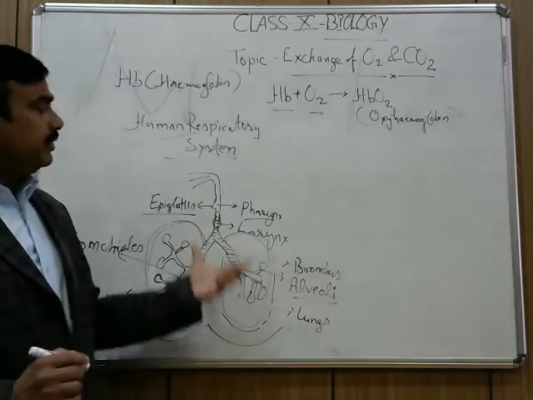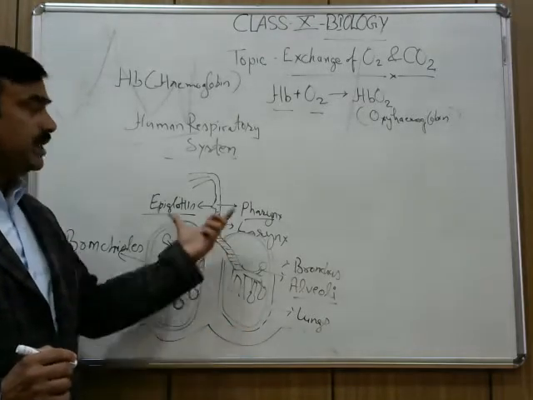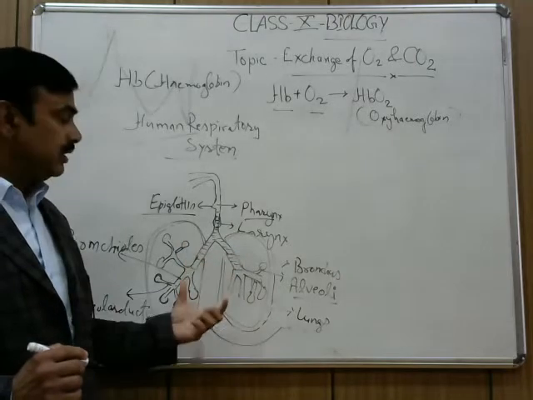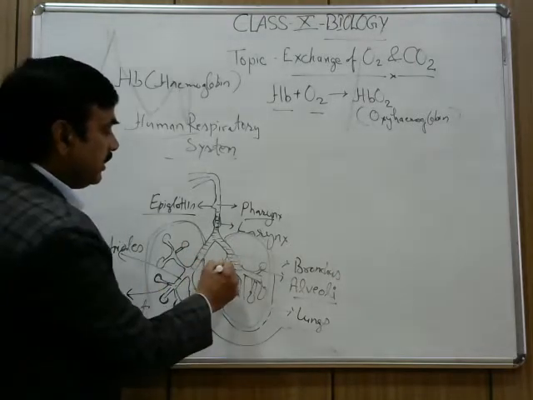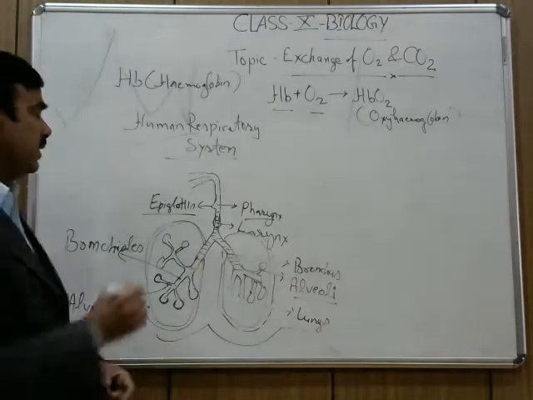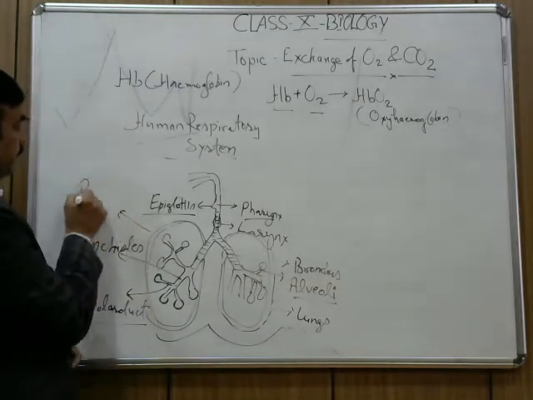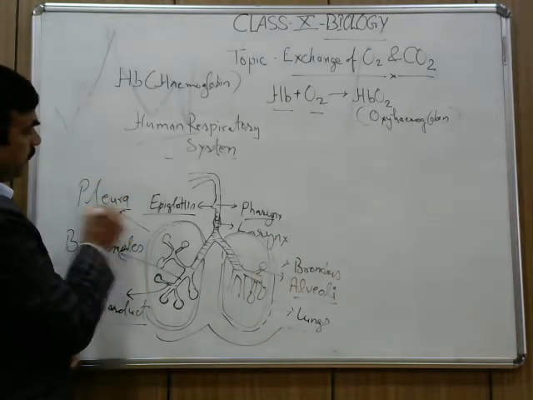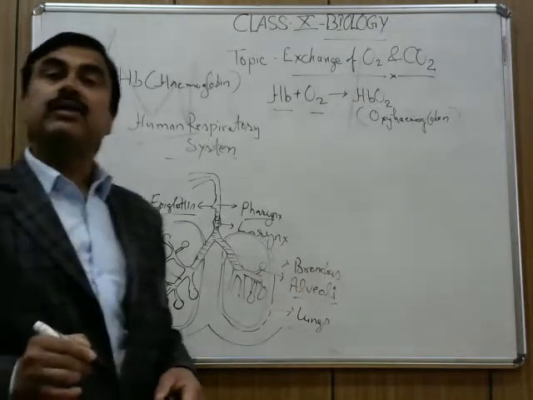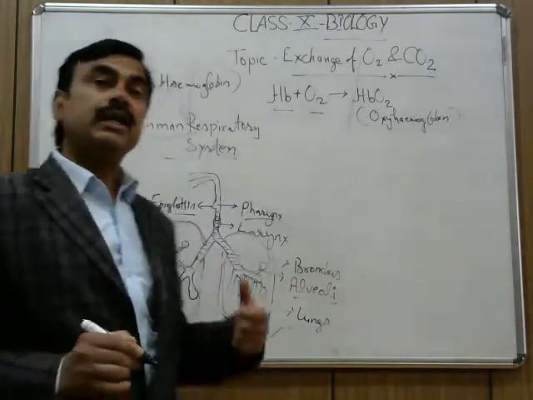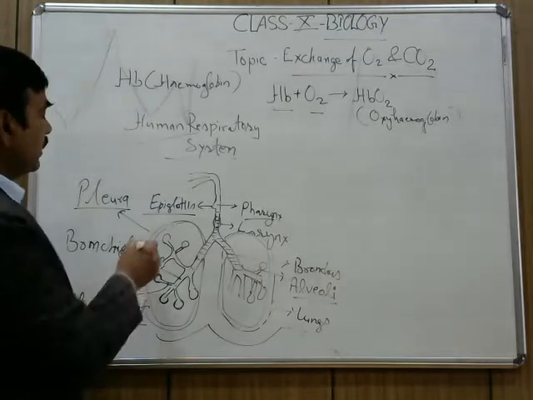I think all of you have drawn this, the human respiratory system. The name of the membrane is clearly mentioned: pleura. The lungs' outer membrane is pleura, and inner to this one is the viscera.